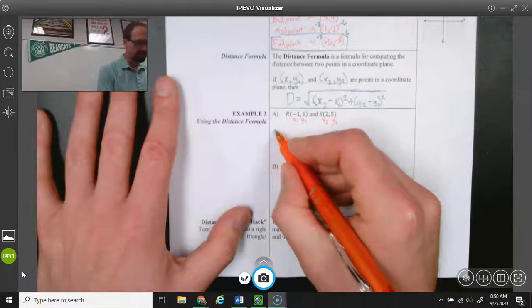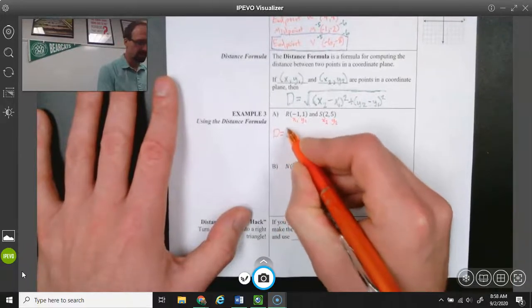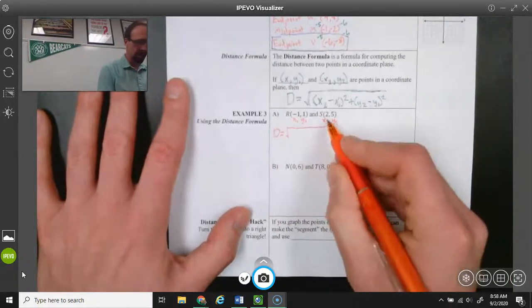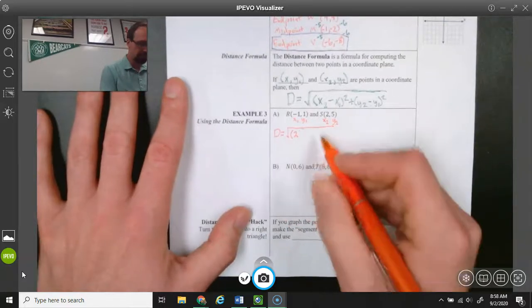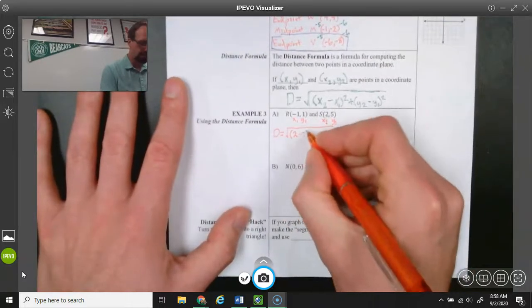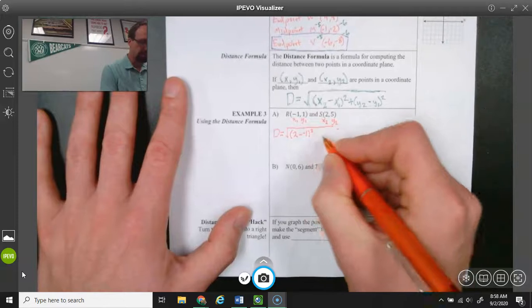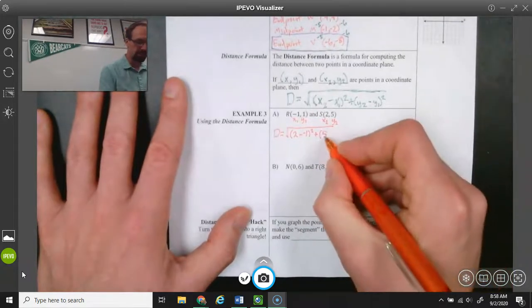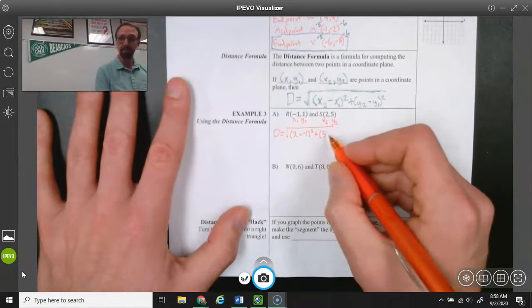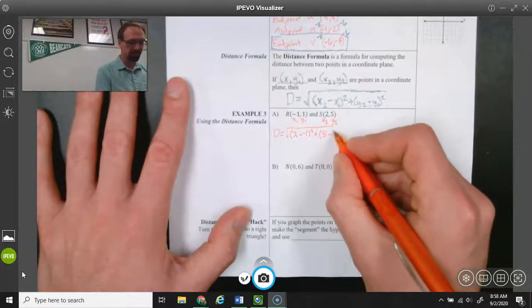I'm going to get the distance, which is equal to the square root of the value x sub 2, so parentheses, 2 minus x sub 1, so negative 1, quantity squared, plus y sub 2, which is 5, minus, in this case, minus 1, quantity squared.